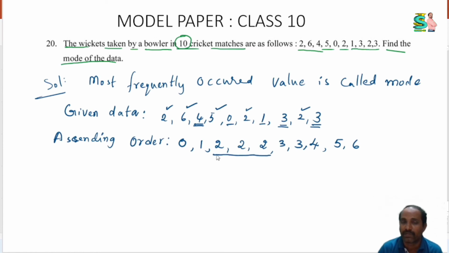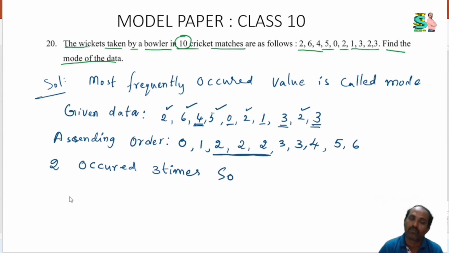This 2 comes 3 times. So mode of the data is equal to 2.